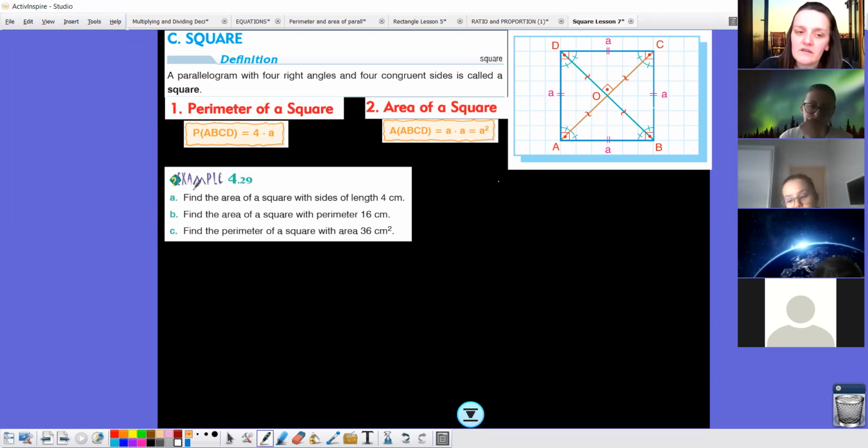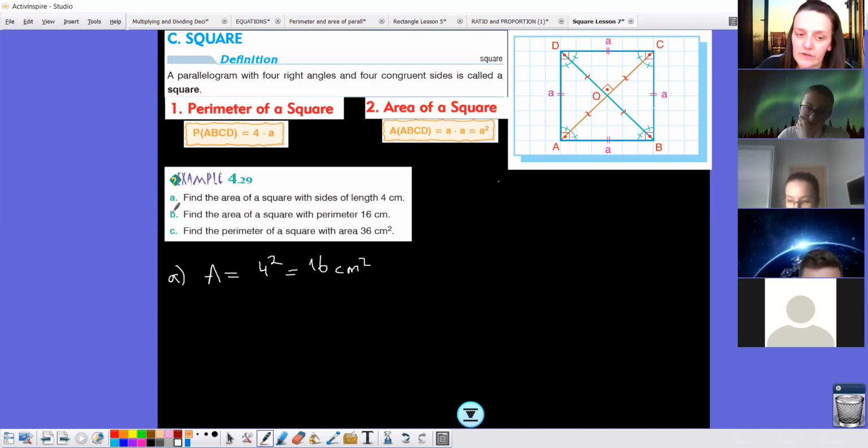Now here, there is an example. Find the area of a square with sides of length 4. The side is given, so it's easy to find the area. It will be 4 squared, which is 16 square centimeters. Find the area of a square with perimeter 16.